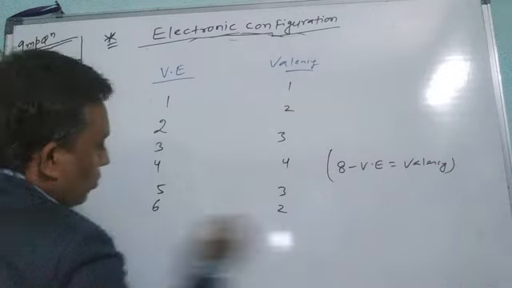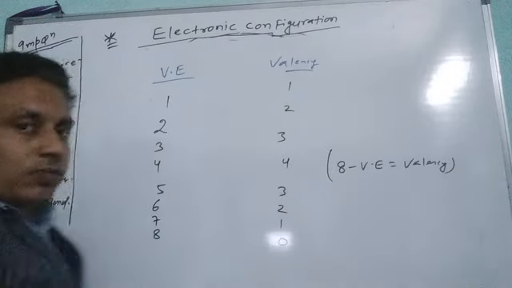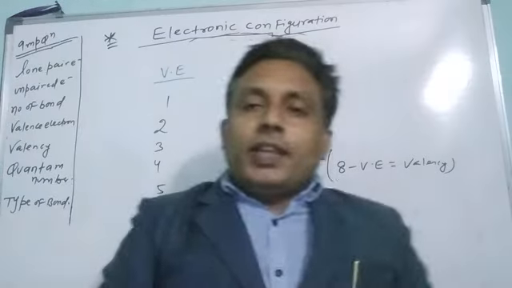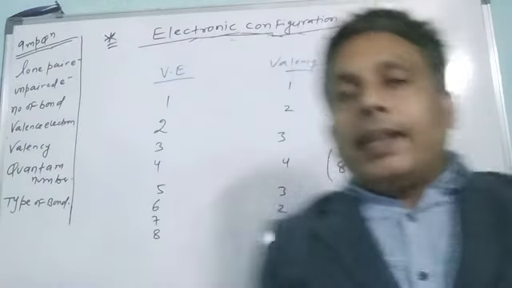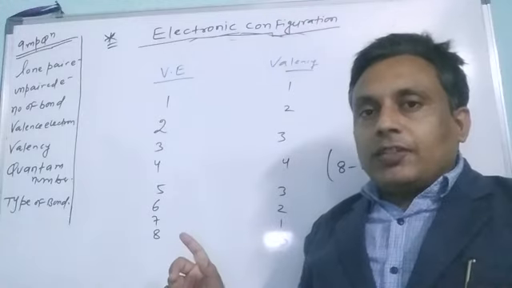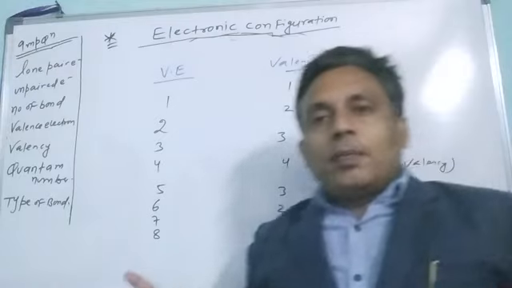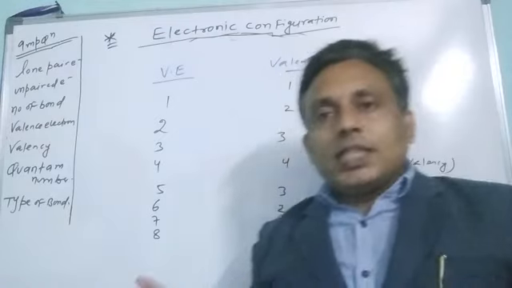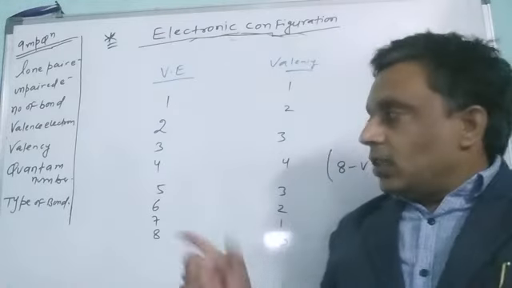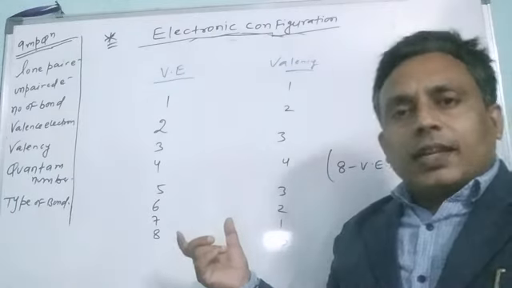6, 2. 7, 1. 8, 0. In case of inert gas, valency of atom is 0, because inert gas does not combine with other atoms in certain conditions.